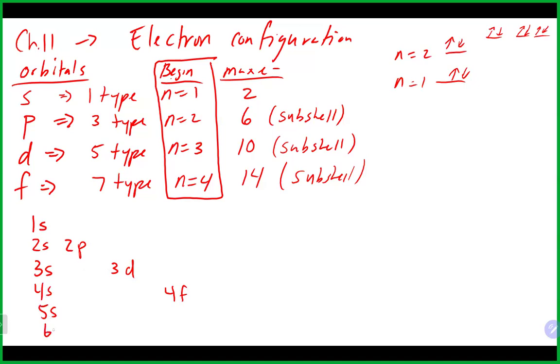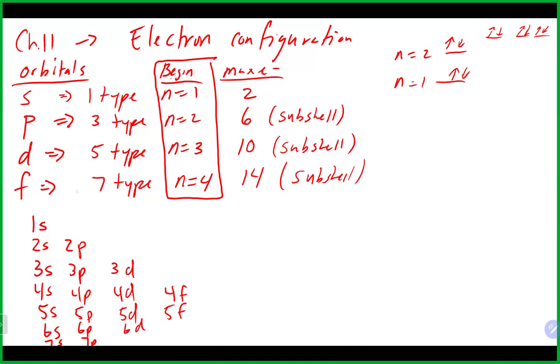If you don't run out of room like I did here, you can throw a 7 down there at the end. Then we go 3p, 4p, 5p, 6p, 7p, 3d, 4d, 5d, 6d, and 5f. And this will give you the proper order.